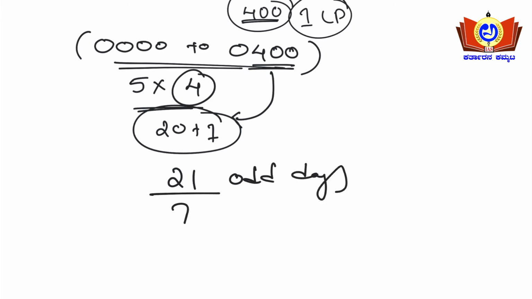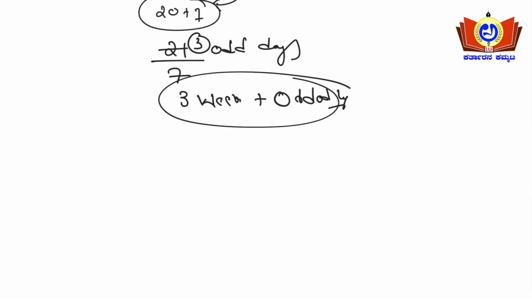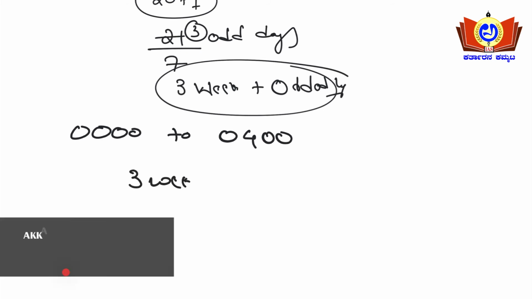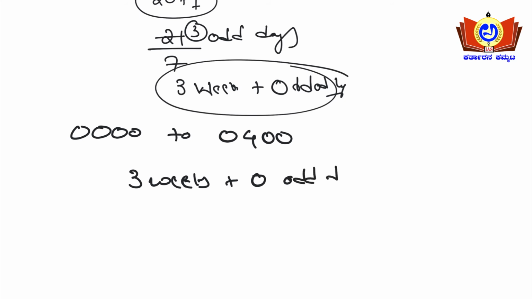And if we divide by 7, it goes 3 times, right? So obviously that is 3 weeks plus 0 odd days. It's nothing but from 0000 to 0400, there are 3 weeks extra plus 0 odd days.